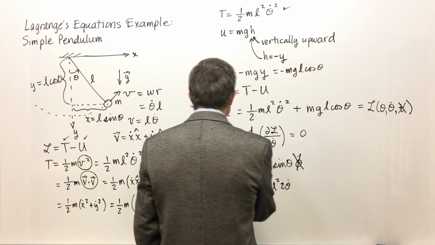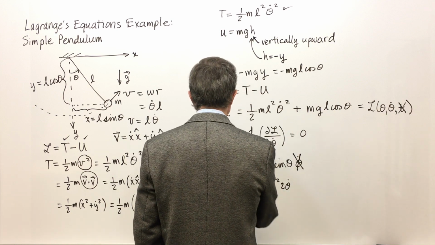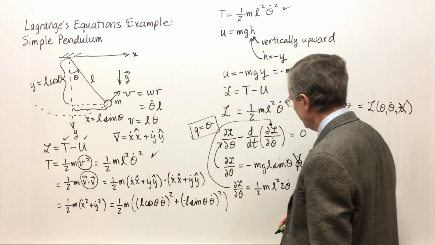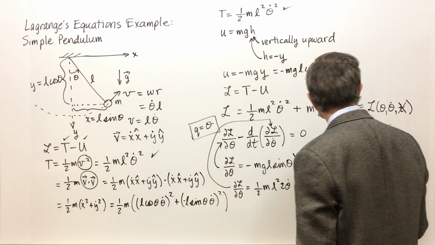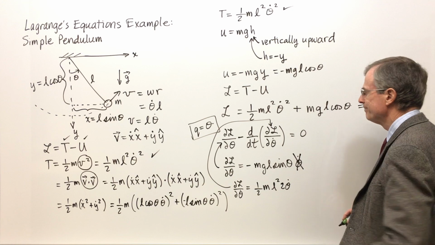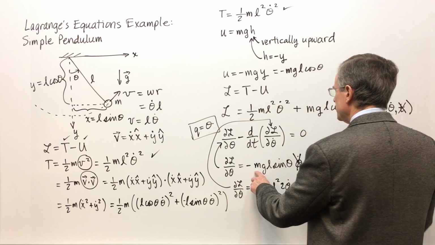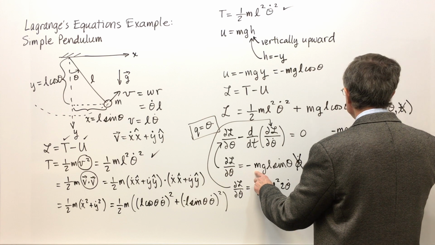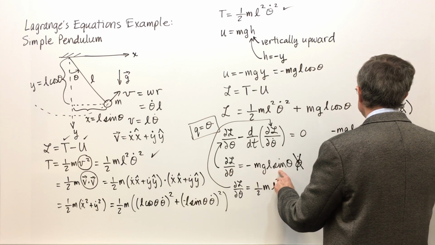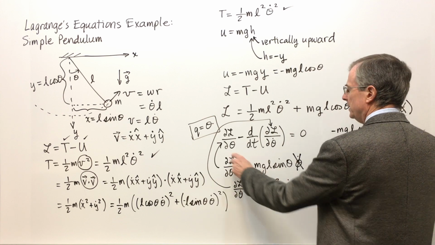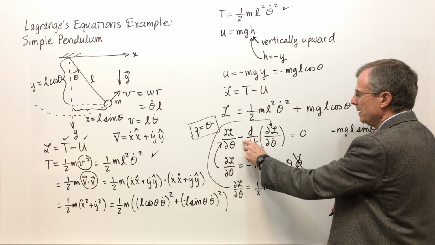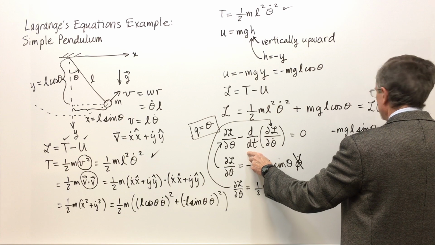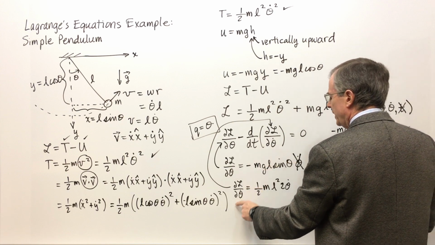And now if we plug these into Lagrange's equation, hopefully we'll get something that will make us all happy. dL/d theta, that's minus mgL sine theta, that's this term, minus d/dt of dL/d theta dot.